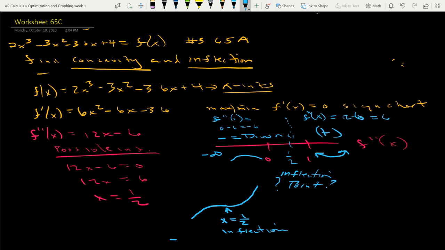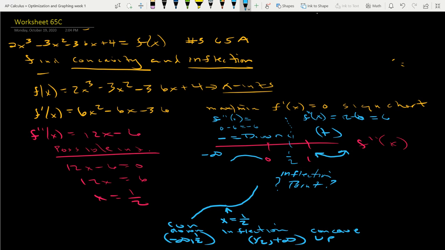Because from negative infinity to 1/2, it's concave down. And then from 1/2 to infinity, it's concave up. So that's my interval for concave down, and this is my interval for concave up.